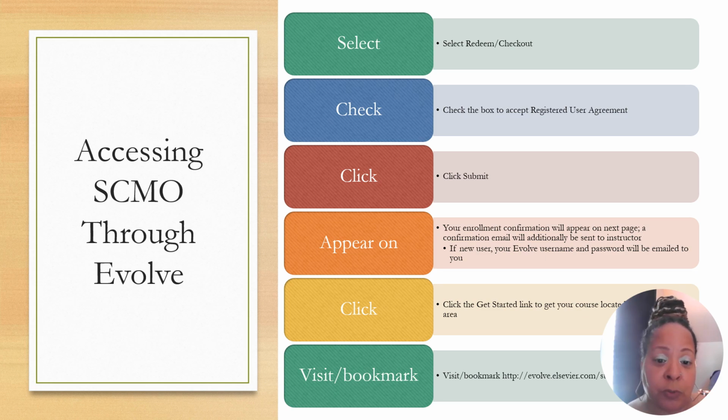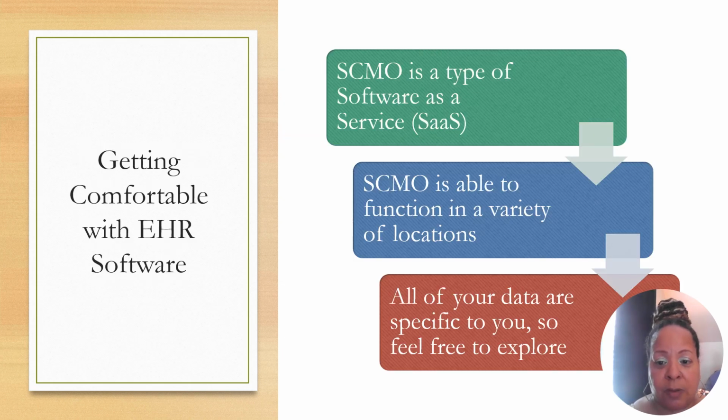If new, your Evolve username and password will be emailed to you. Click the Get Started link to get your course located in that area. And you're also going to visit the bookmarks.